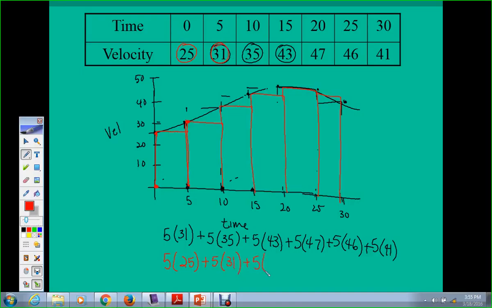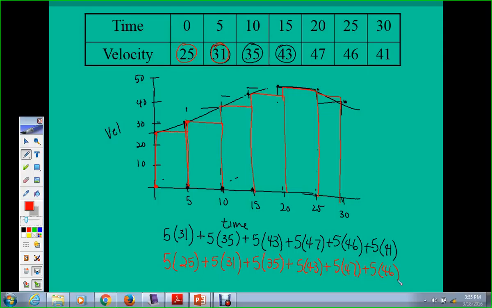And if we proceeded this way, we would have 5 times 35 plus 5 times 43 plus 5 times 47 plus 5 times 46, and that would be the area of the last rectangle. And this appears it would be an underestimate. When we use the right side of the rectangle, it appears that we would have a little bit of an overestimate.